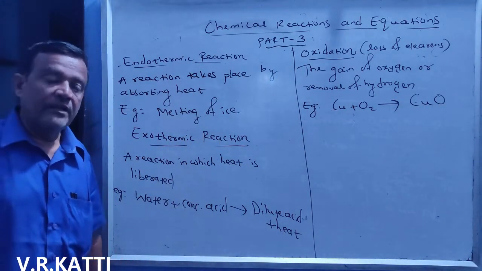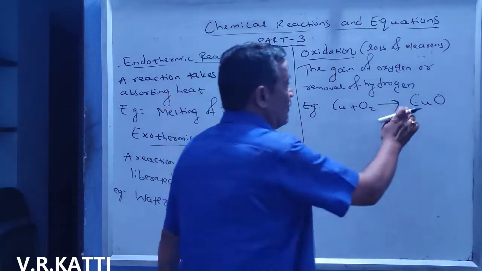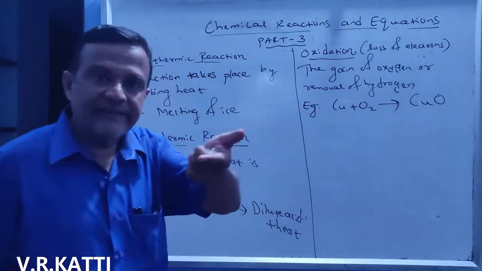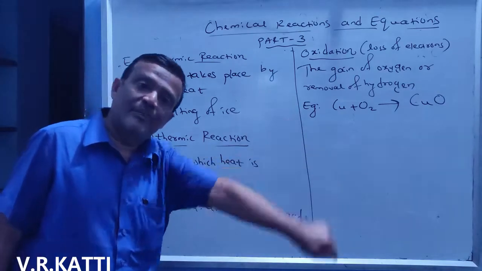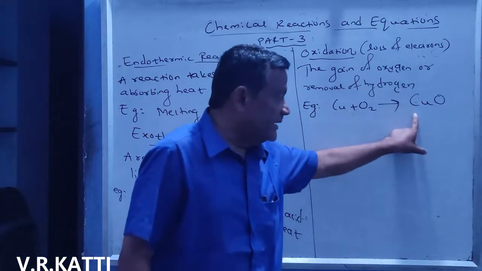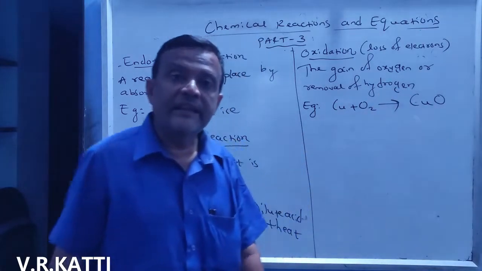The formula of copper oxide is CuO. A black layer is formed on the surface of the copper. That black layer represents copper oxide. So here copper gains oxygen.